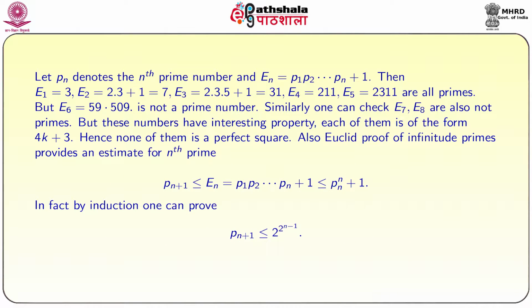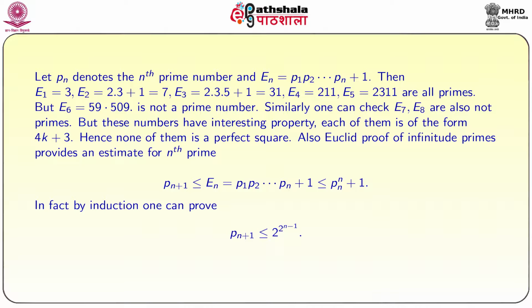Then it is easy to see that E1 is equal to 3, E2 is equal to 2 into 3 plus 1, that is 7, E3 is equal to 2 into 3 into 5 plus 1, that is 31. E4 is 2 into 3 into 5 into 7 plus 1, which turns out to be 211.